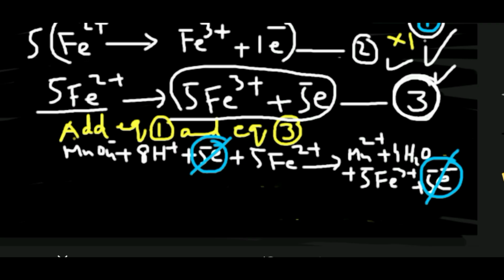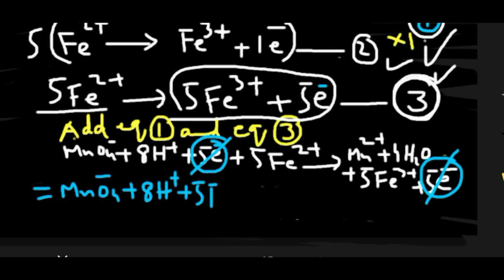So we get MnO4 minus plus 8H plus 5Fe2+, and this is in acidic media.